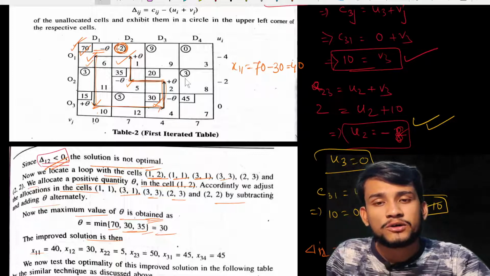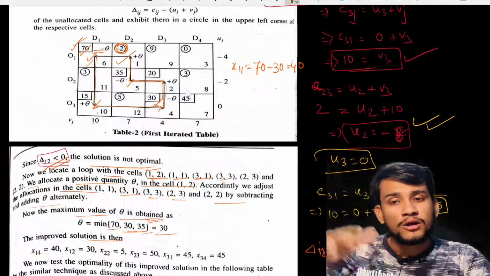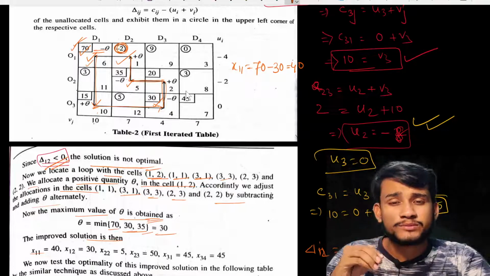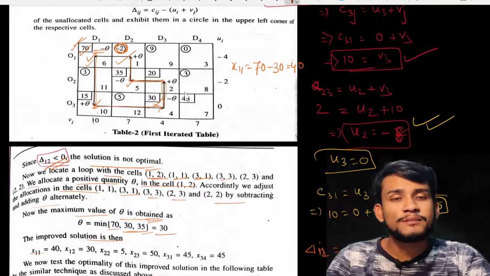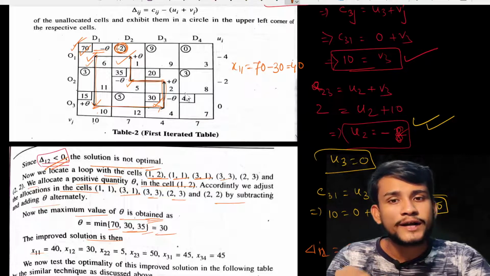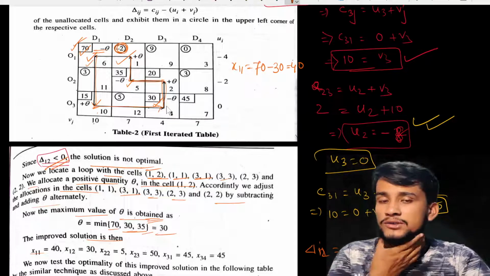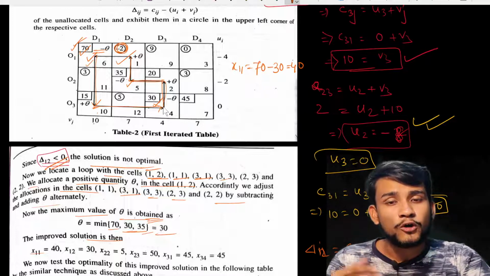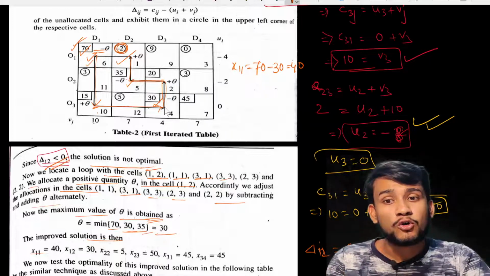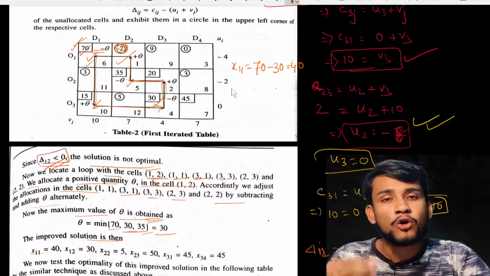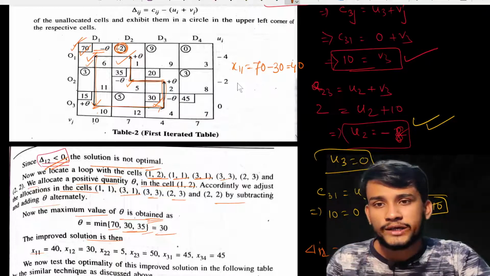We improve the initial basic feasible solution, and the initial basic feasible solution includes the variables, the occupied cells. That is why the loop is formed using the occupied cells. So for x11 we have to cover all the occupied cells.